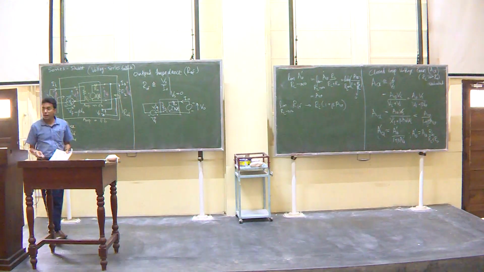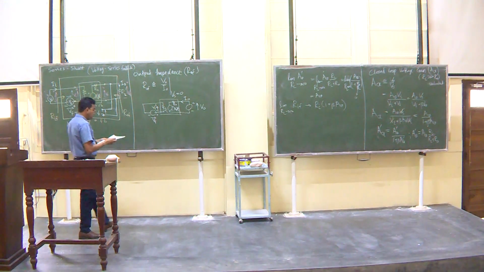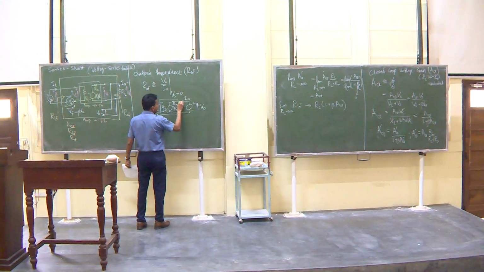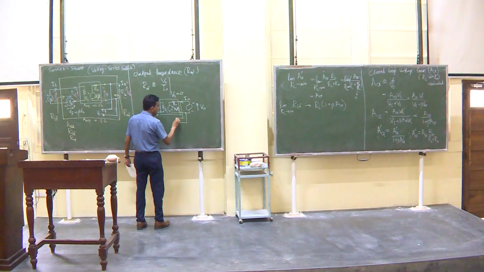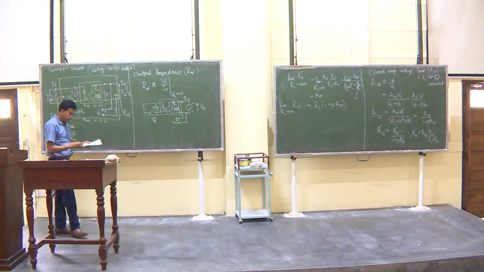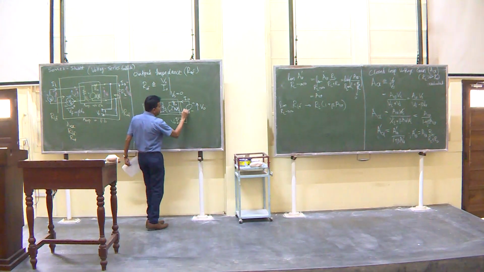That is the circuit I have to work with. What is the feedback signal? That is my feedback signal. That is V out. Okay. So what I am trying to find out is the input impedance looking into this.